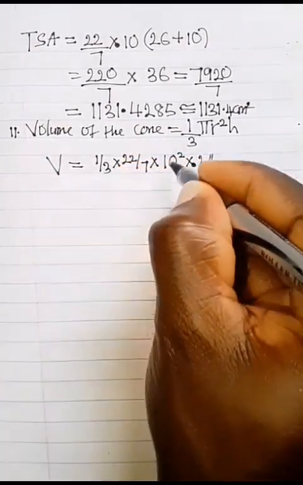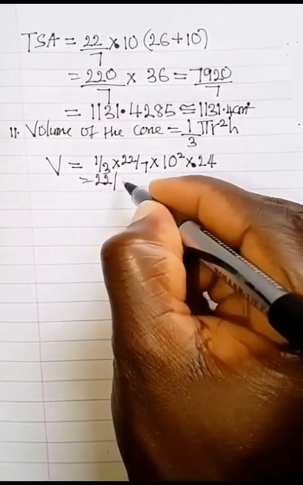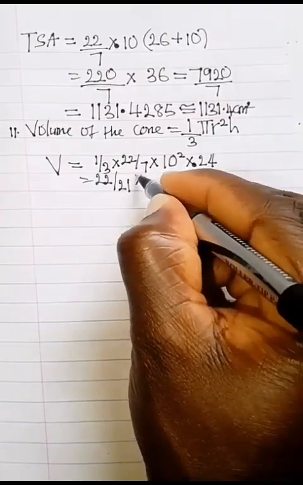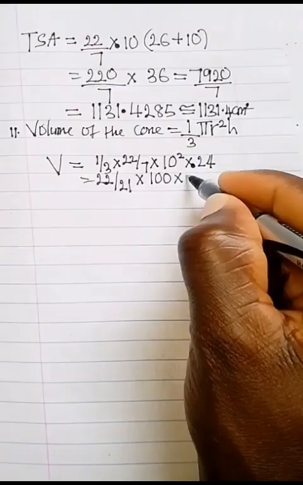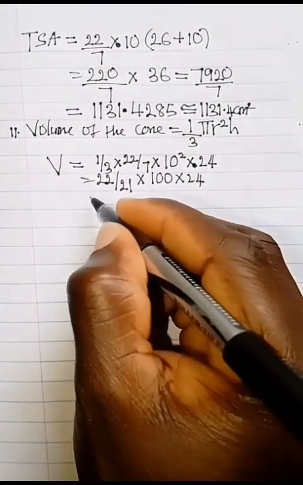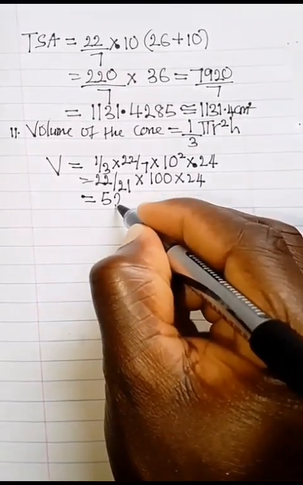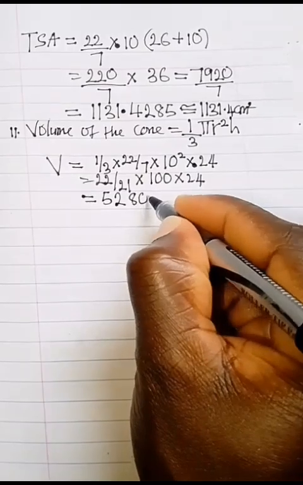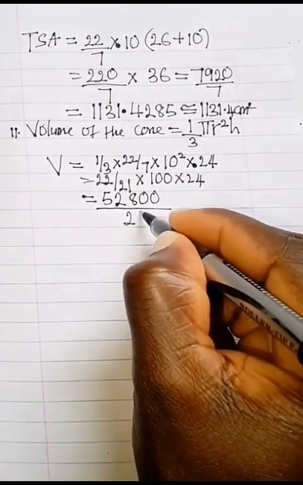If you multiply from here, we have 22 over 21 times 100 times 24, which is 52,800 over 21.